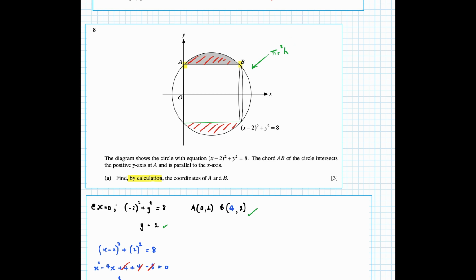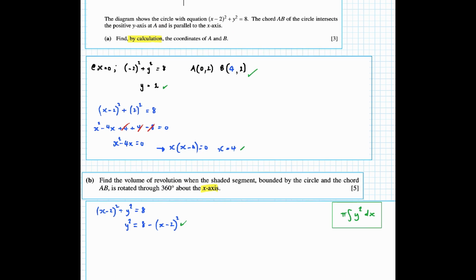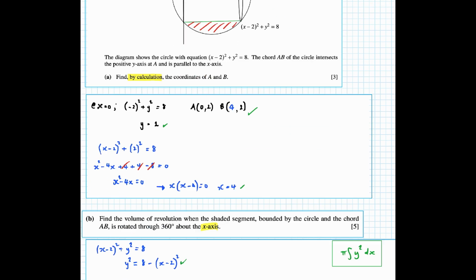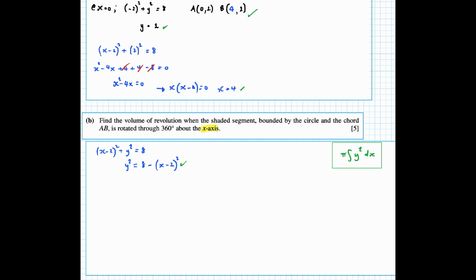And the volume of a cylinder is pi r squared h. So that's going to be part of our calculation here for the setup. So we'd have pi, and then you'll integrate 8 minus bracket x minus 2 close bracket squared, and you'd also subtract the volume of the cylinder to find the shaded region, or the shaded segment is what it says.